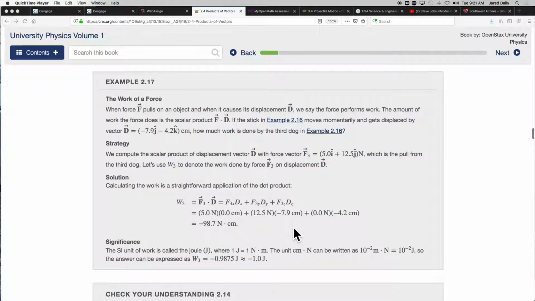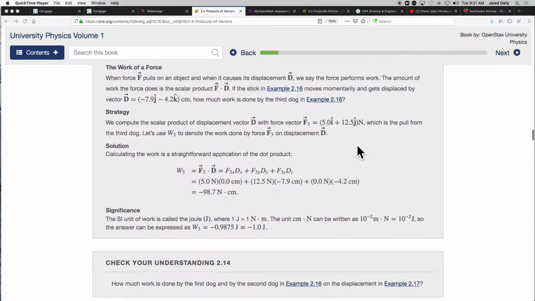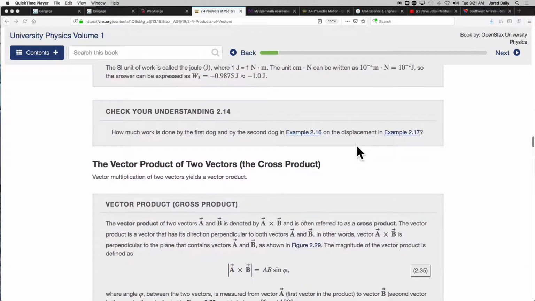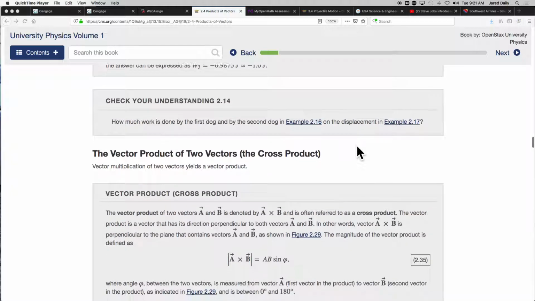Why is that? Because the displacement had J and K components, and the force had I and J hat components. So the only thing they had in common was the J hat components, or the y components. That is the only direction they shared.